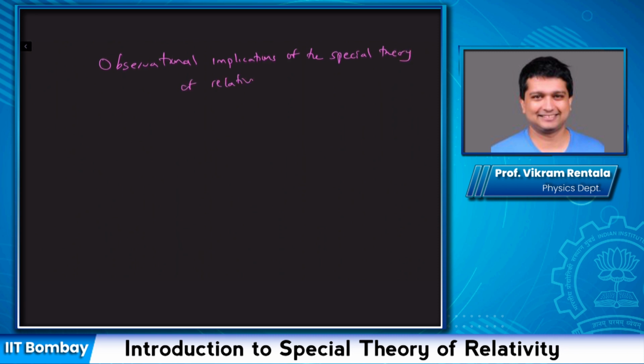So the first implication comes from the dictionary for the transformation of time. We saw that c t prime is 1 over square root of 1 minus v squared by c squared times c t minus v x by c. Or let me just erase this and go back to the original equation that we had written down in terms of t rather than c t.